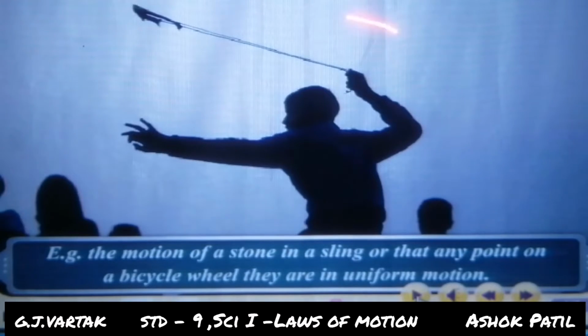See here. Look at your screen. For example, the motion of a stone in a sling or any point on a bicycle wheel, they are in uniform motion. Here is the stone. Then the stone moves around the person.